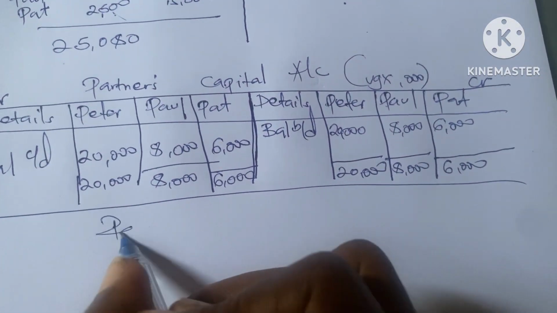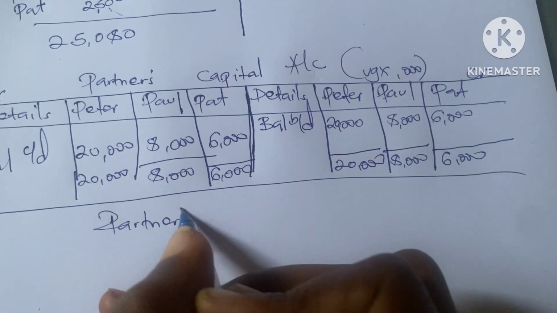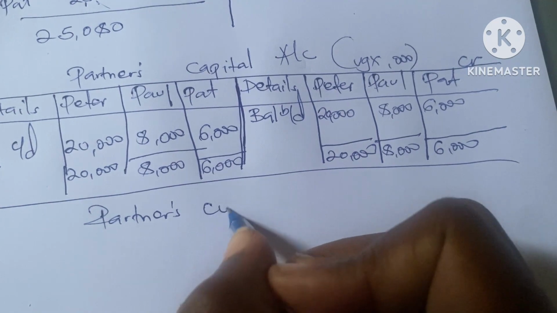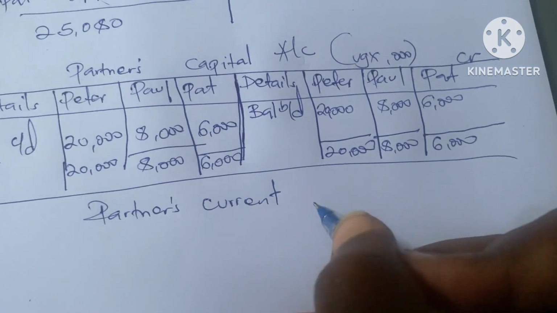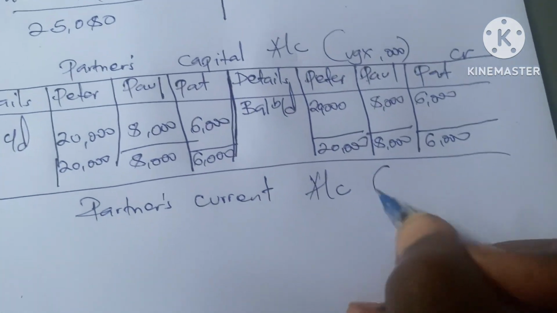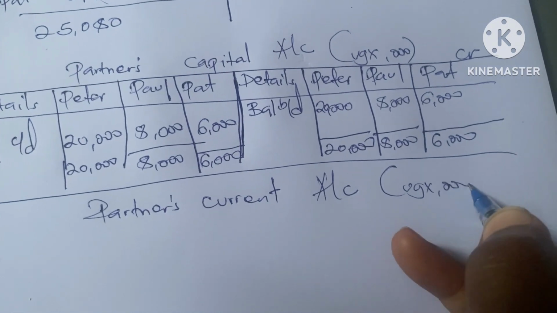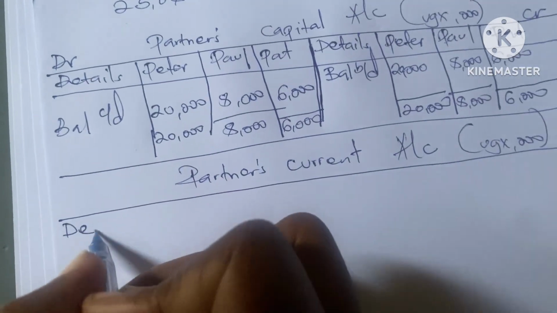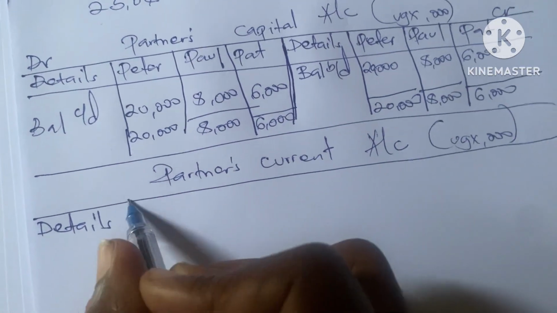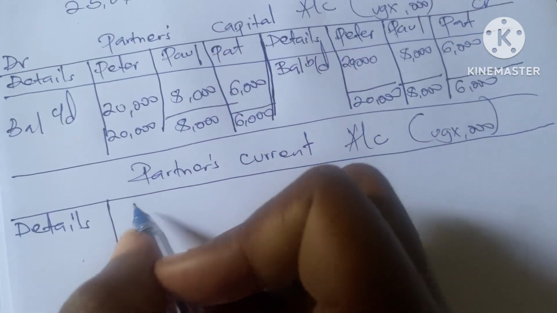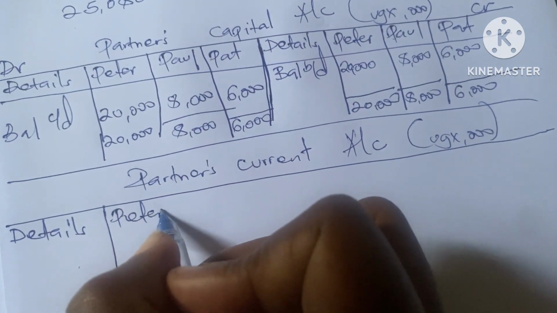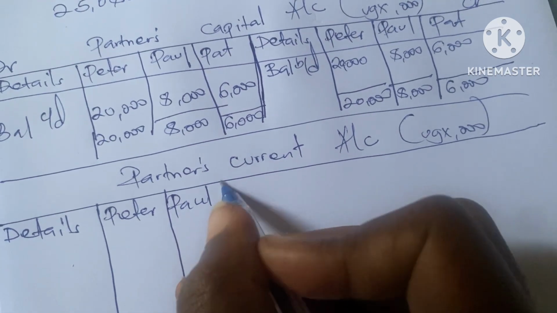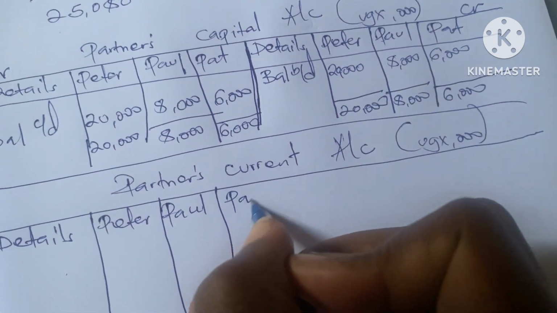Then we have the partners current account, the one that records the transactions between the partners and the partnership. So the partners current account, it is in UGX 3 zeros. Details, Peter, Paul, then Pat.